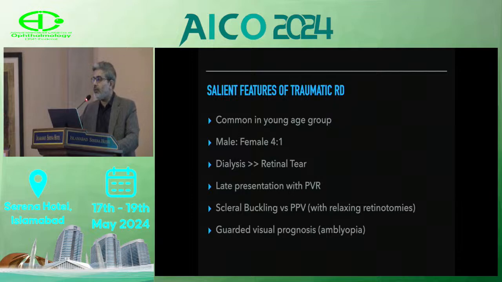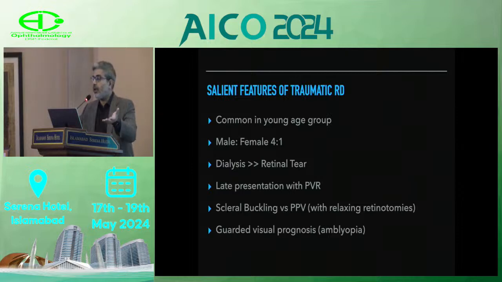Most of us agree that this is somewhere where all of us will do a scleral buckling procedure. The problem is that unless the child develops some subsequent complications, most of them present late with retinal detachment and a remote history of trauma, and then they have a lot of PVR, and there's a guarded prognosis because of amblyopia.